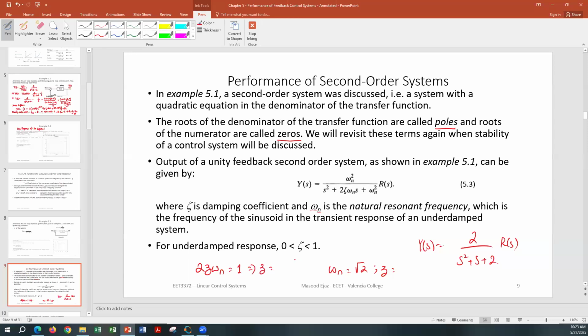So zeta will be equal to 1 over 2 omega n. Right? So 1 over 2 times square root of 2.